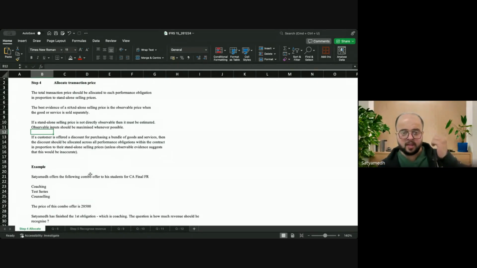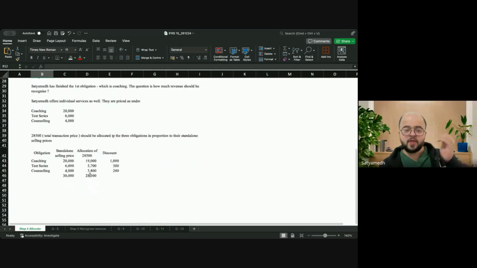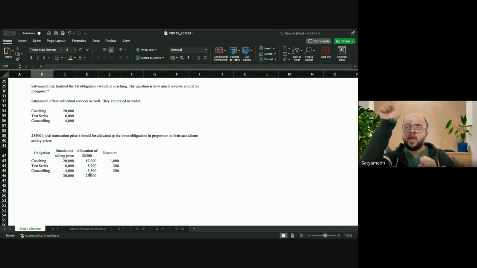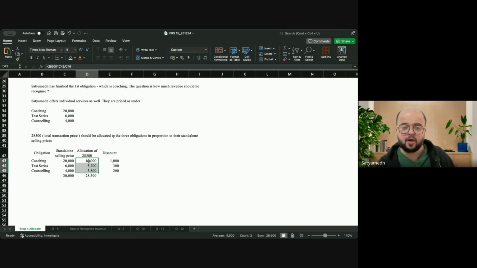As long as you know the standalone selling price, it is possible to allocate in that proportion, and your total billing of 28,500 gets split accordingly, and you can recognize the revenue accordingly.